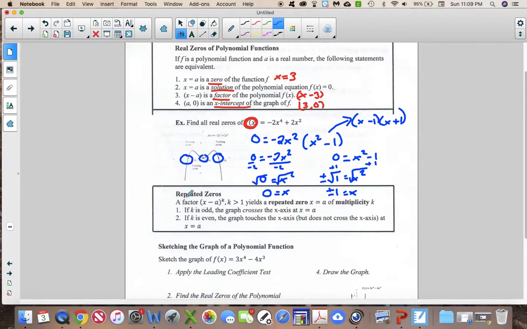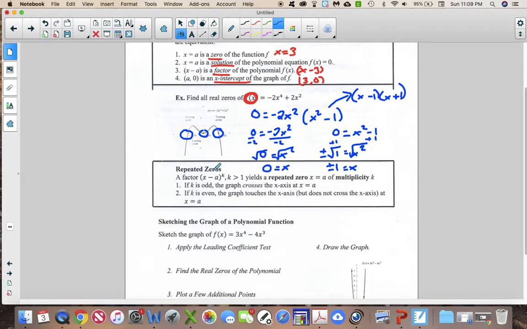Okay, so now sometimes you will have something called repeated zeros, which actually happened in this last example. 4 is the maximum number of places that this graph could cross.